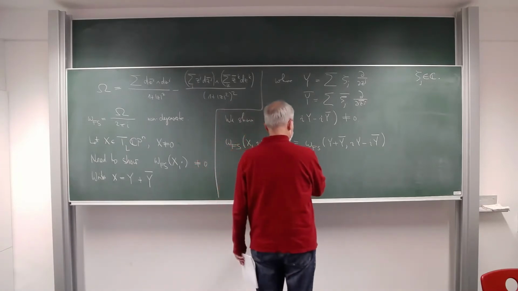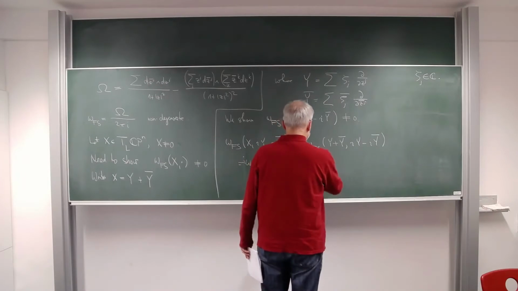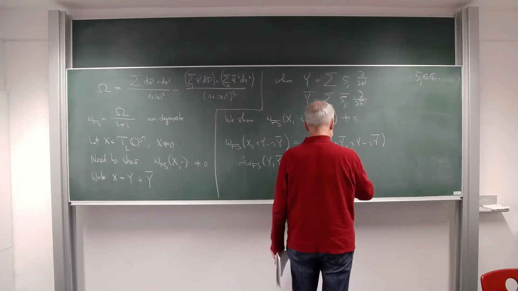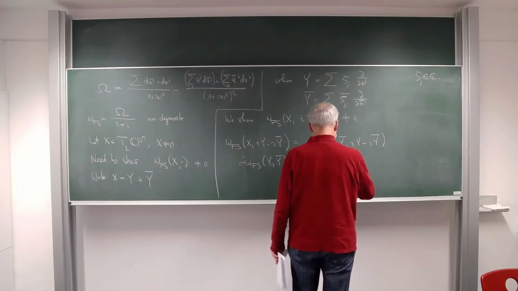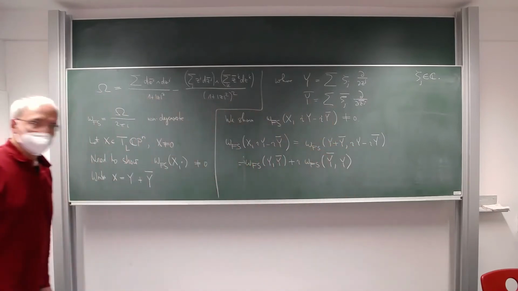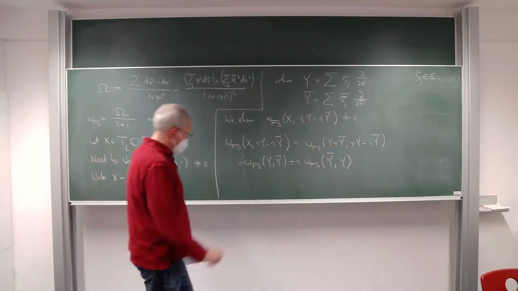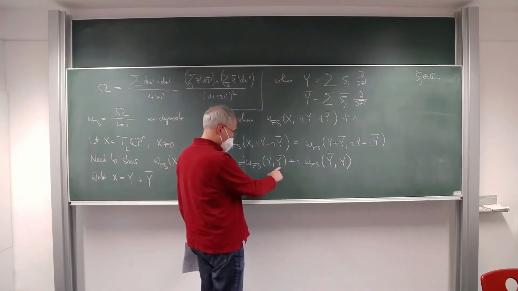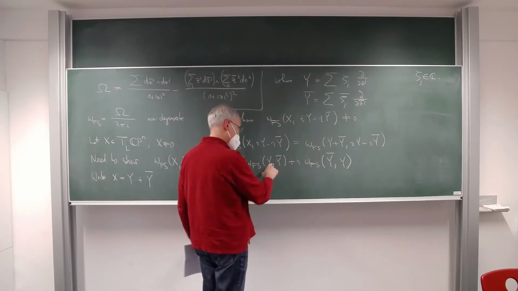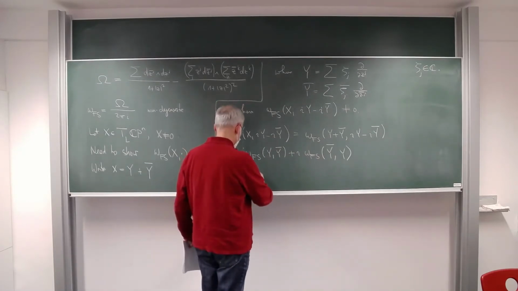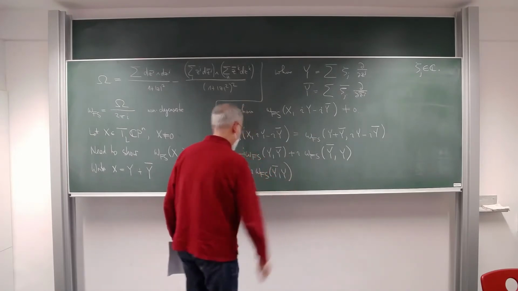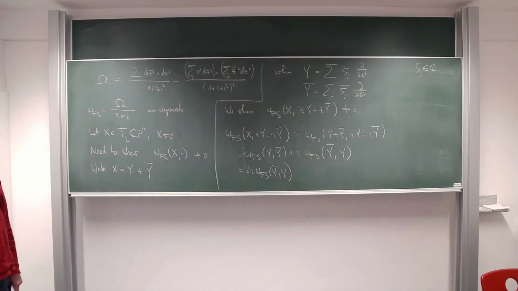And the other term that survives is omega Fubini-Study of y bar comma, and here I have to take i times y, and I put the i in front. And now by skew symmetry I can turn this around, and I get the same thing as here. I get a minus sign here, so the two things add up. So I have 2i omega Fubini-Study of y bar, y. So that's what we have, and I have to show that this is non-zero.